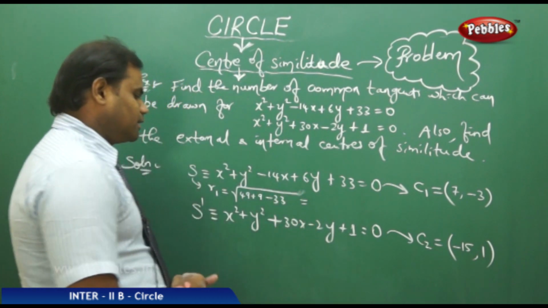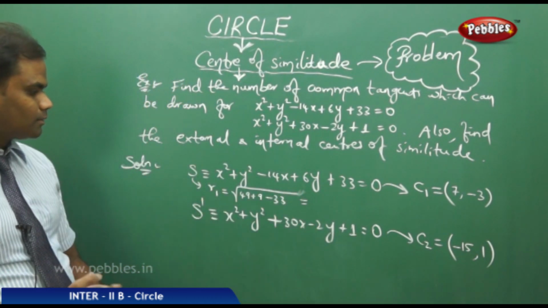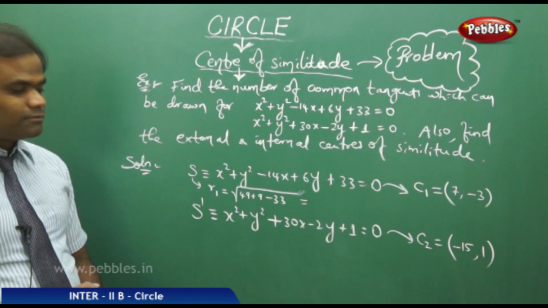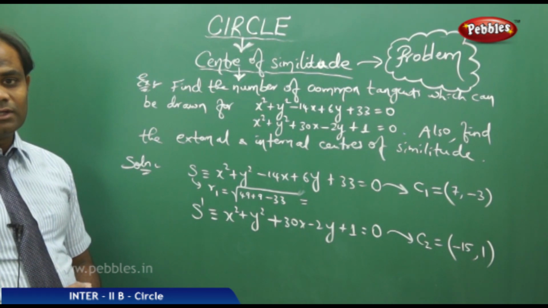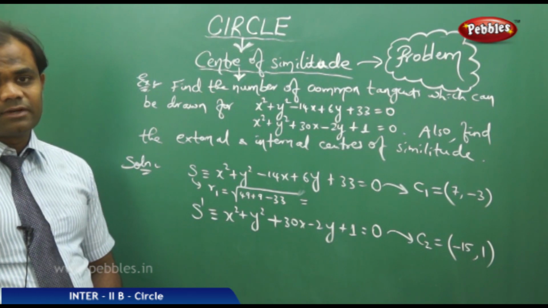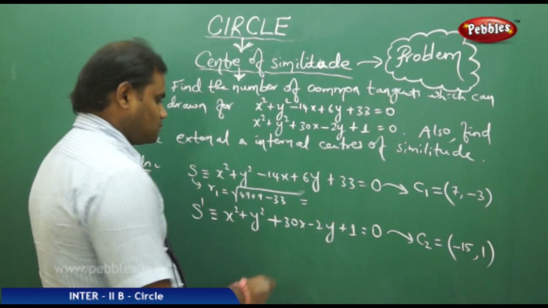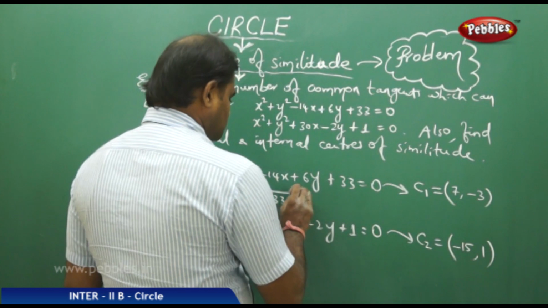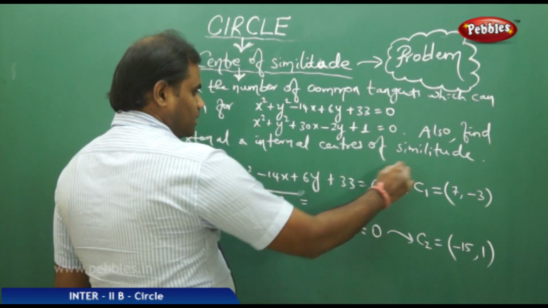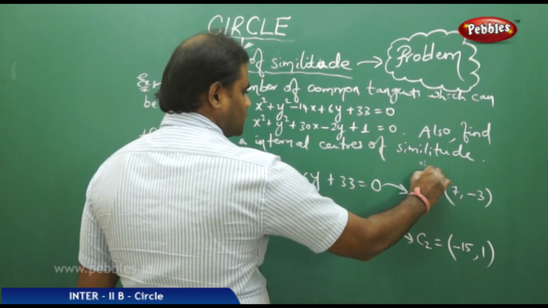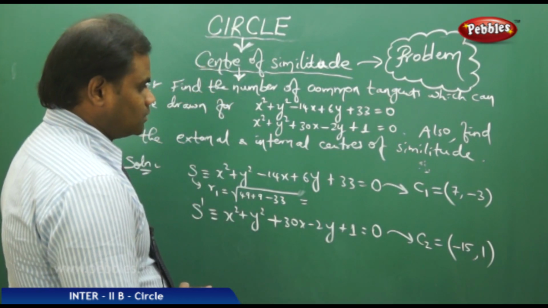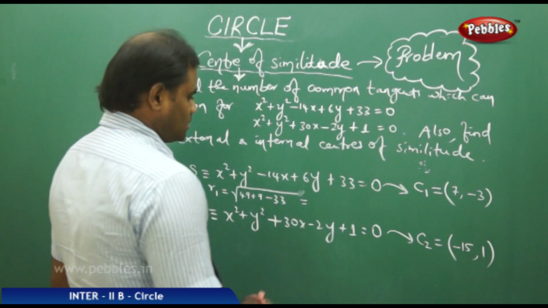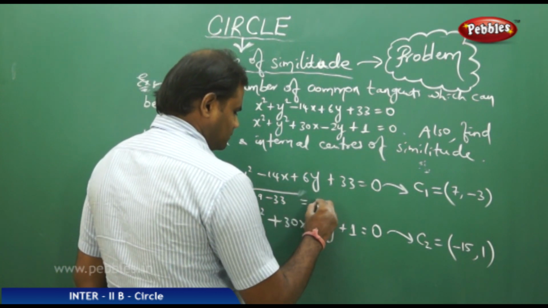And then I get 49 plus 9, which is 58, minus 33, is 25.